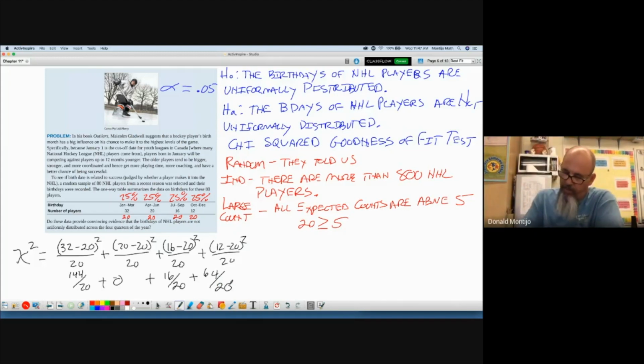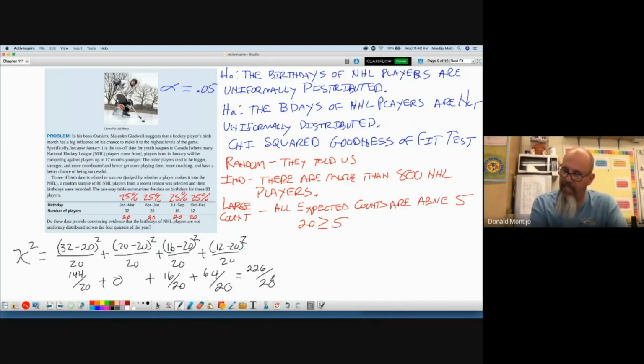So that's 226 over 20. Which I believe will give us 11.2. 226 divided by 20 is 11.3.